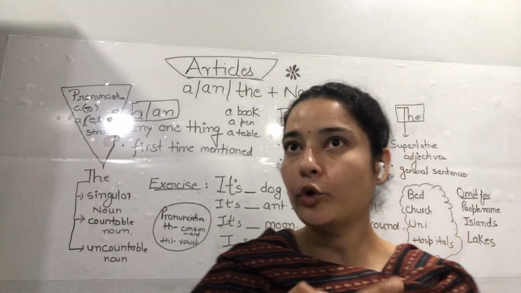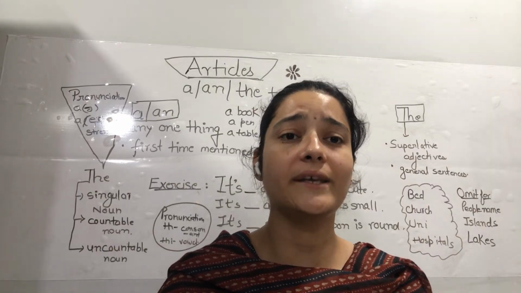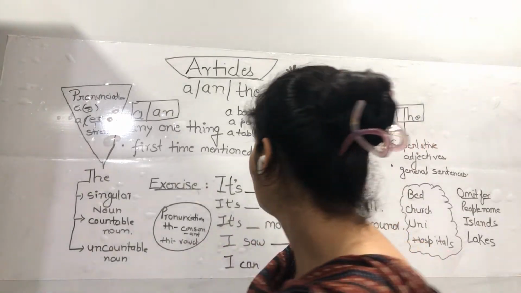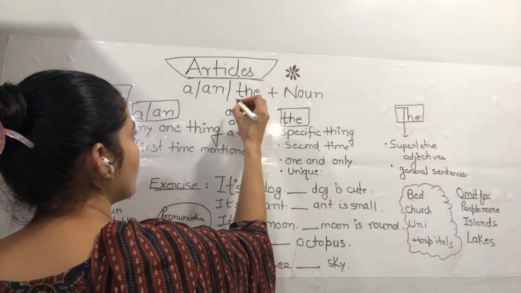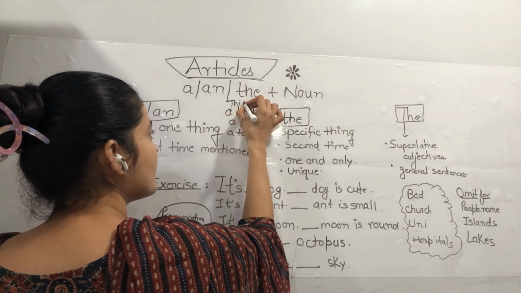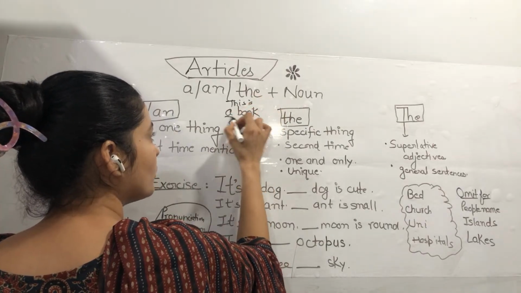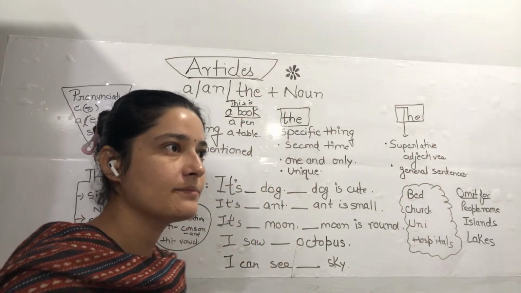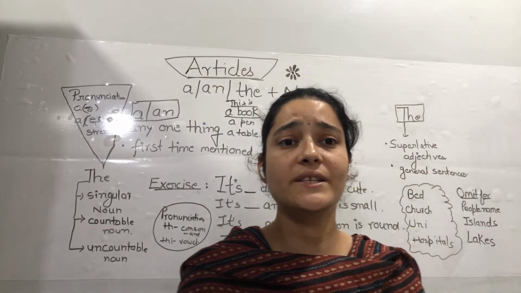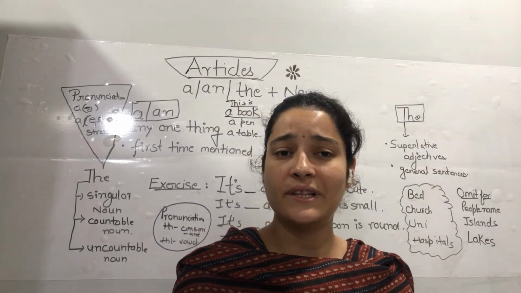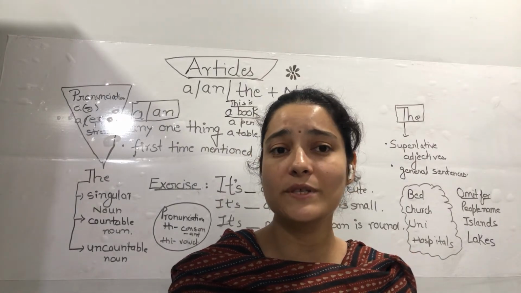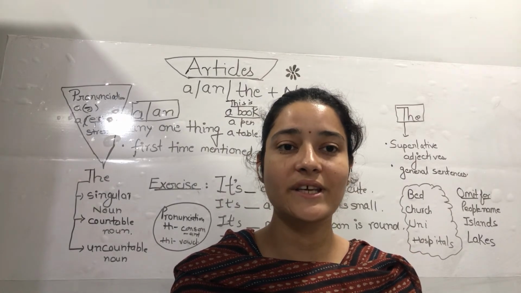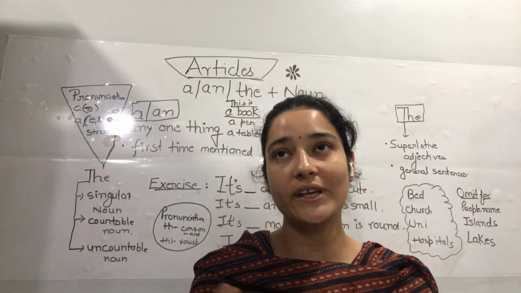But if I'm talking about that book again, if I say this is a book, and then I make a story that this is a book, its name is something, so it is the most famous book. The book is very interesting.